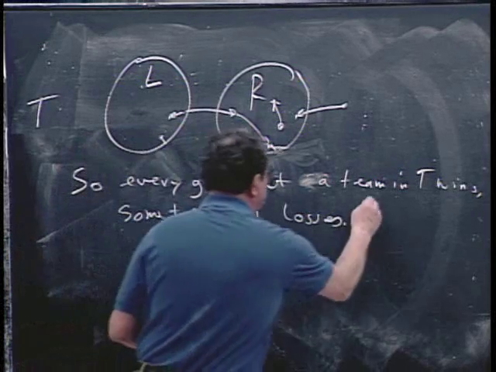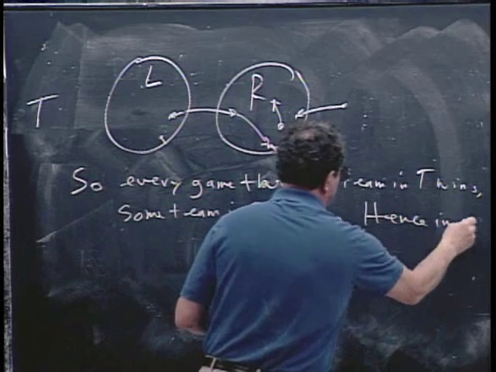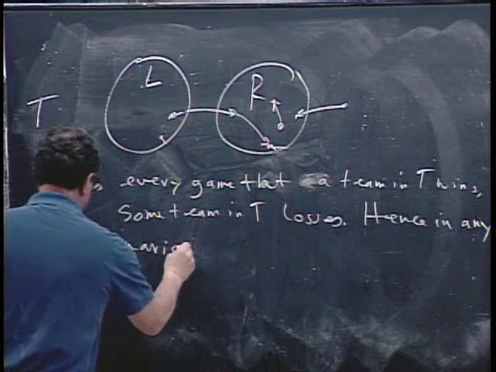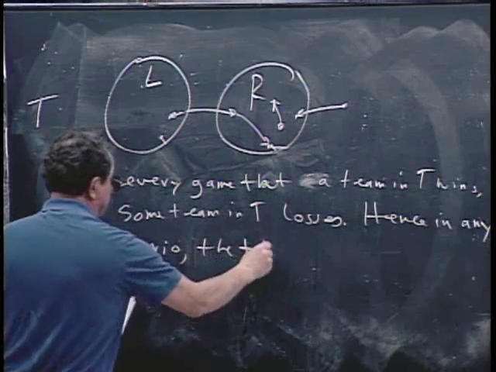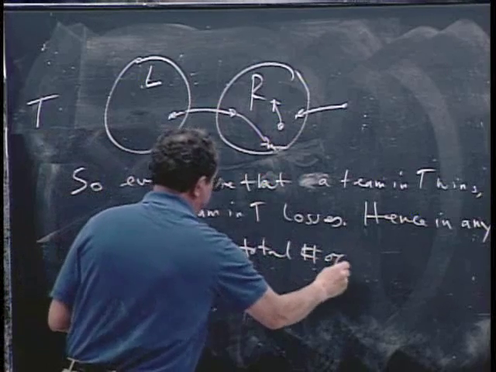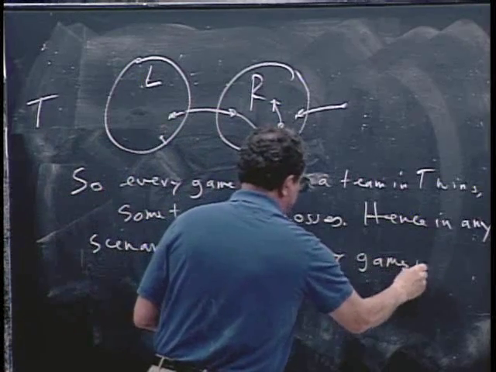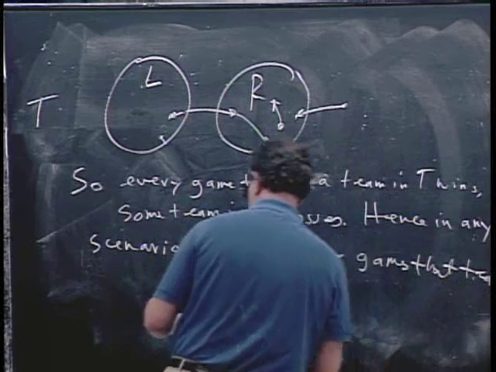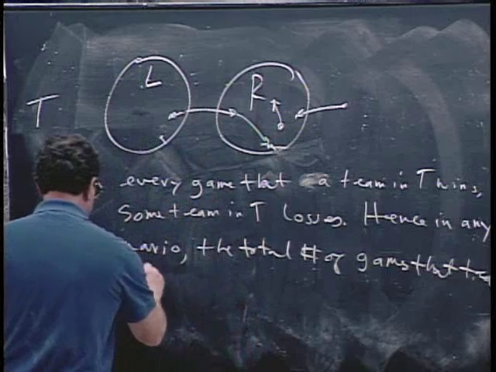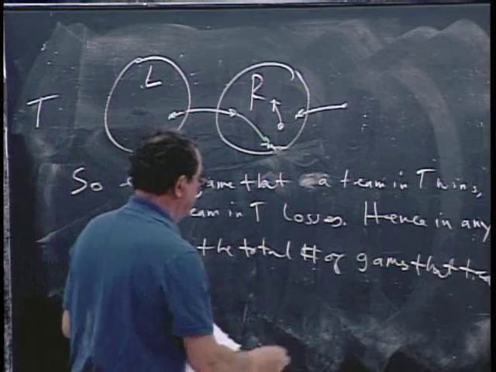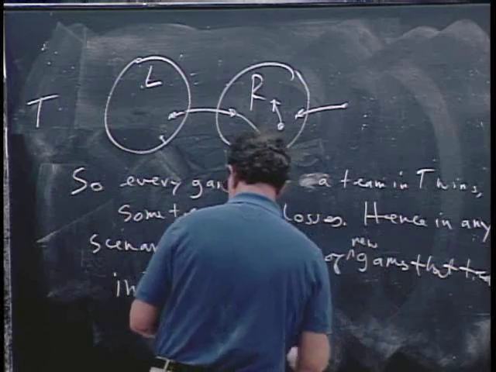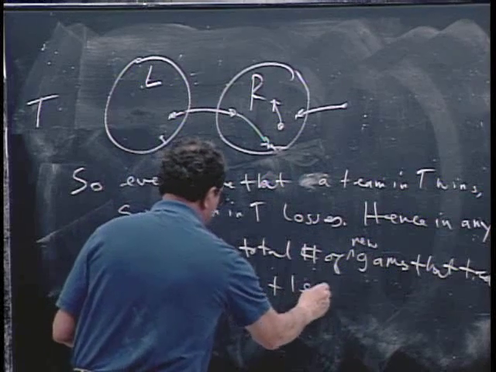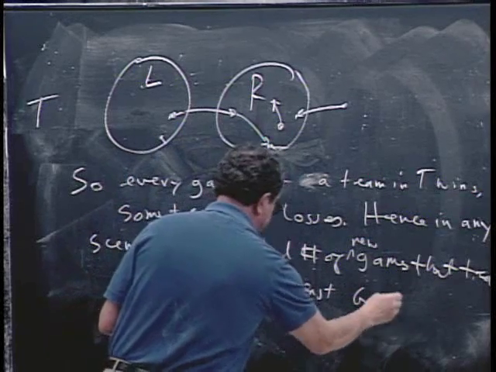Okay. So hence, in any scenario, the total number of new games that teams in T win is at least GST.